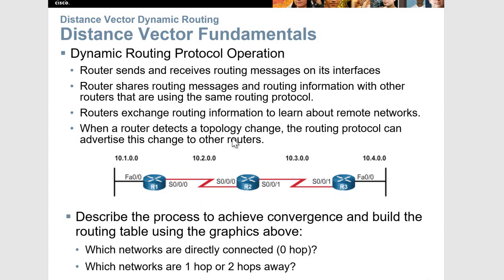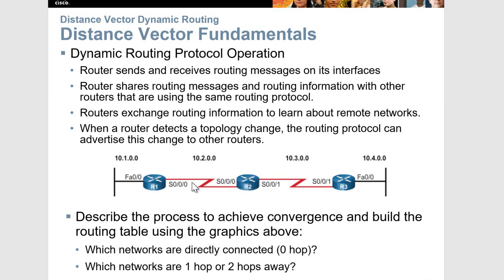So they're all exchanging information that way. A router detects a change in topology and can advertise this change to other routers. So in both, if I'm remembering this correctly, in both EIGRP and OSPF, what the routers can send out is an update when they see a change to the topology. And if that update is something that another router doesn't have, then the other router is going to request the full update to the path that is changed.